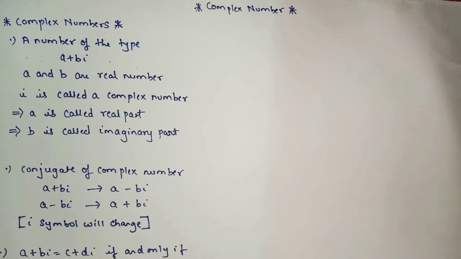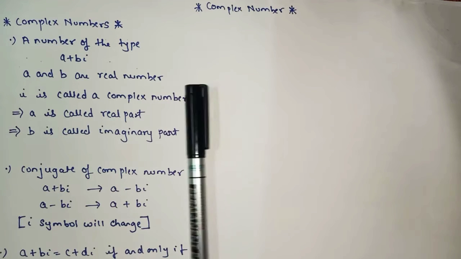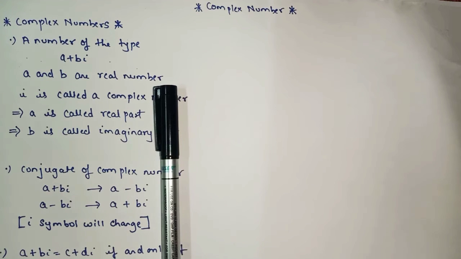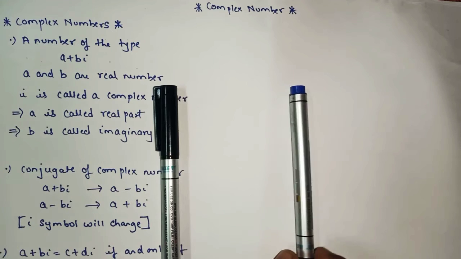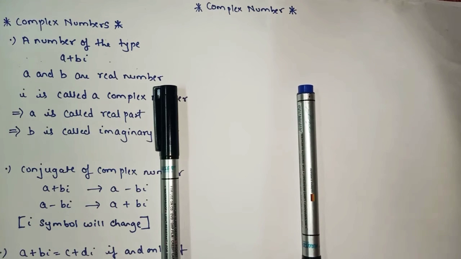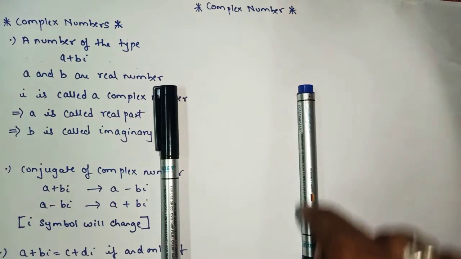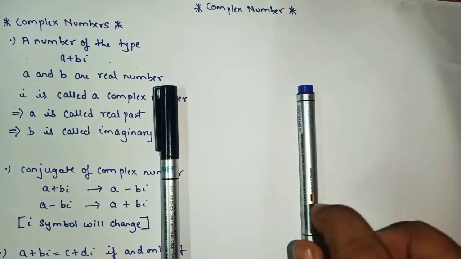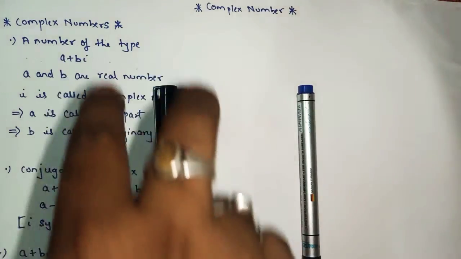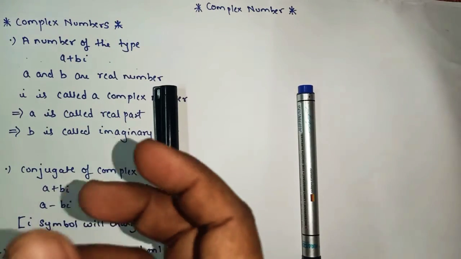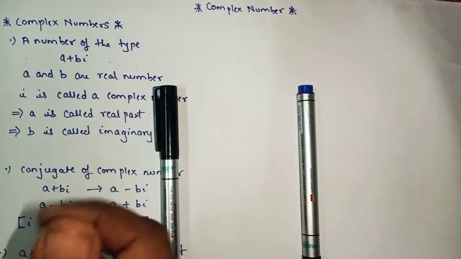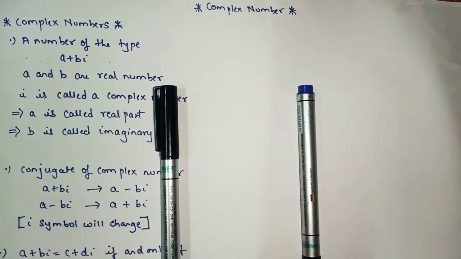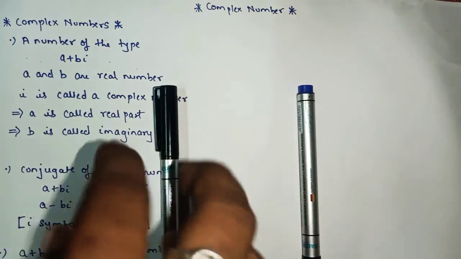I hope you all know there are real numbers, yes or no, and another section known as imaginary numbers. So one is real numbers, the second is imaginary numbers. The complex numbers come under the imaginary numbers. Real numbers are numbers like natural numbers, whole numbers, rational and irrational numbers.